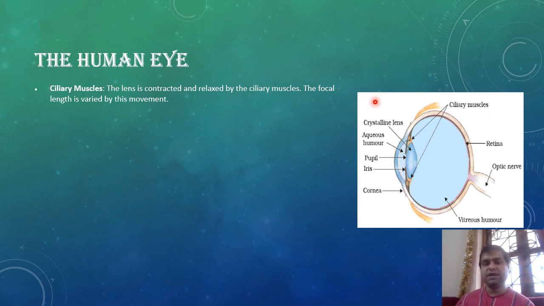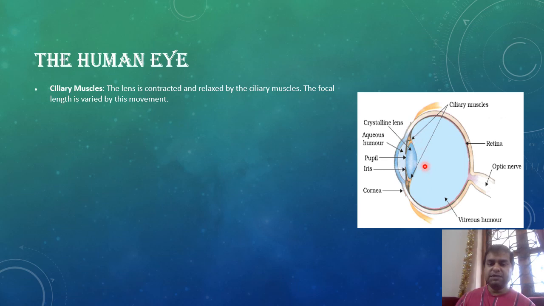Now the focus point can vary, meaning keep changing, depending on how far the location of the object is. Sometimes the object is near, sometimes the object is far away. Sometimes you strain your eyes to see certain things, sometimes in the dark, and sometimes when the print on whatever you're reading is too small.